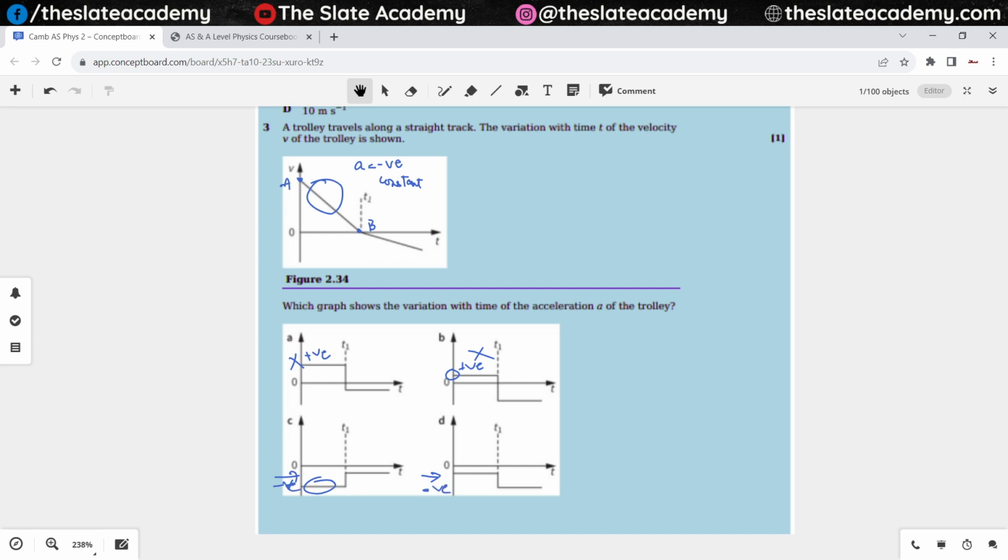Acha ji, now what happens after it crosses this time t1 point? Is the deceleration's absolute value more or less? In the first portion, if acceleration was, let's say, minus 3 meters per second squared, in the second is this value going to be more than minus 3 or less than minus 3? In other words, is it going to be minus 1 or minus 4 in the next portion?